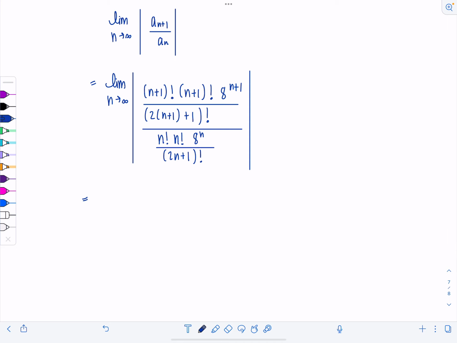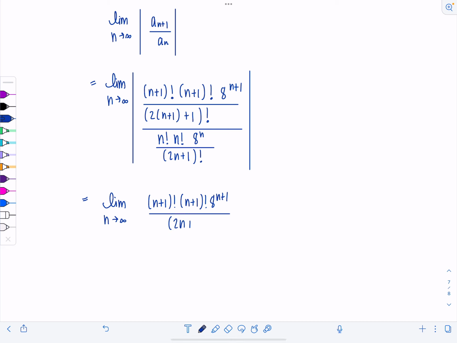All right, it's cleanup time. All my n's are positive, so I'm not going to write absolute value anymore. It's not necessary. So limit n goes to infinity. We have (n+1) factorial, (n+1) factorial, 8 to the n+1 over, be careful, this becomes 2n plus 2 plus another 1.